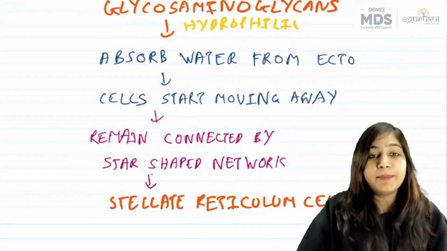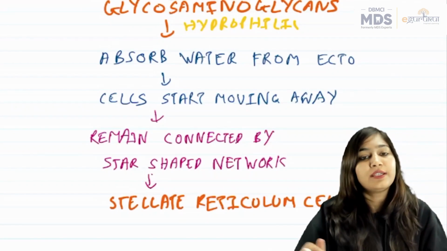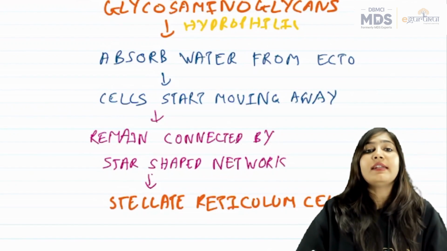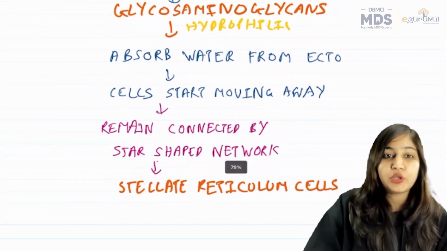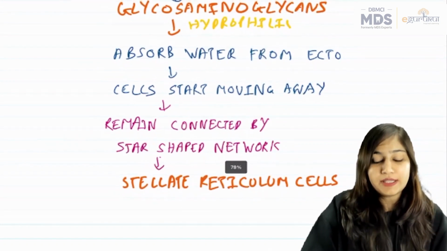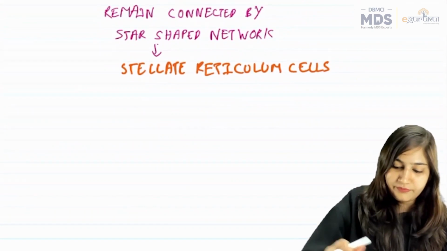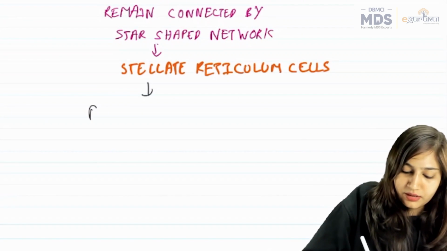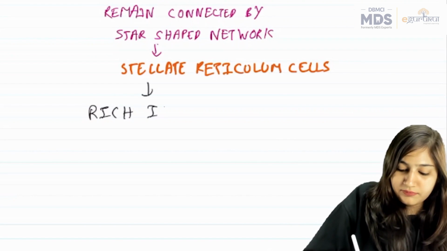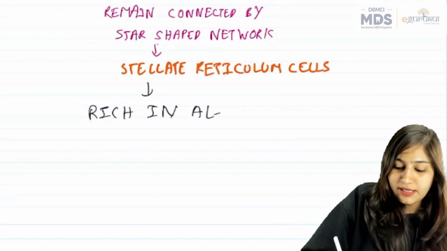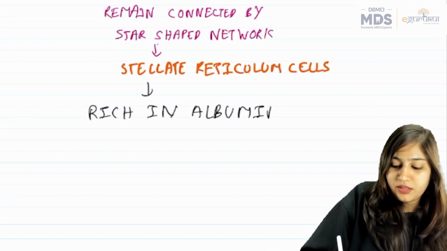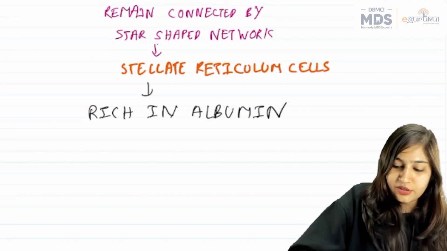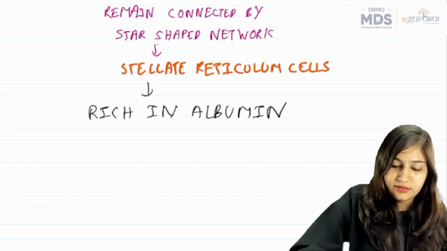They contain mucoid material rich in albumin, which acts as a shock absorber. It provides cushion-like consistency and helps in formation of enamel, and protects the inner enamel epithelial cells. Rich in albumin. So, this is the function of stellate reticulum cells.